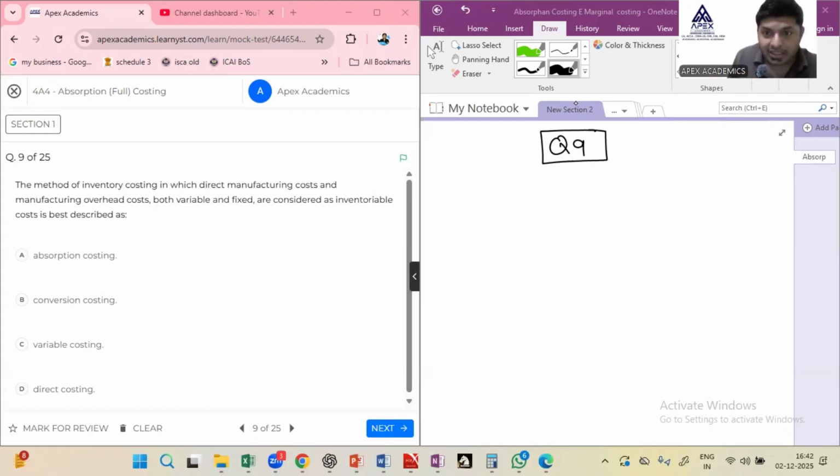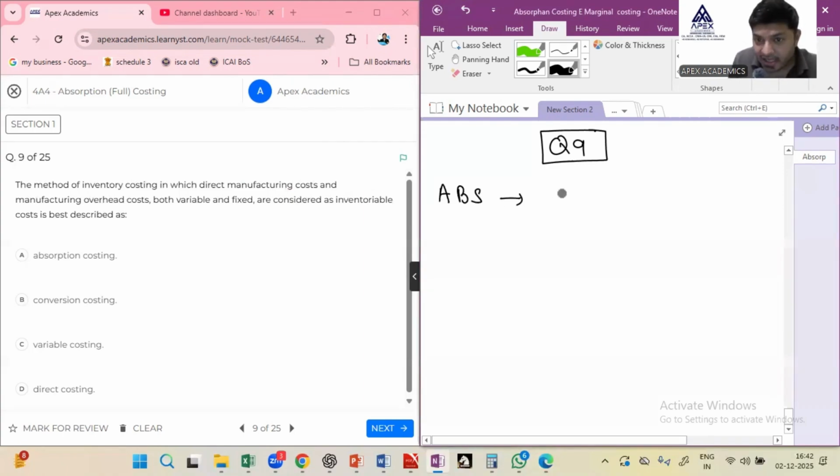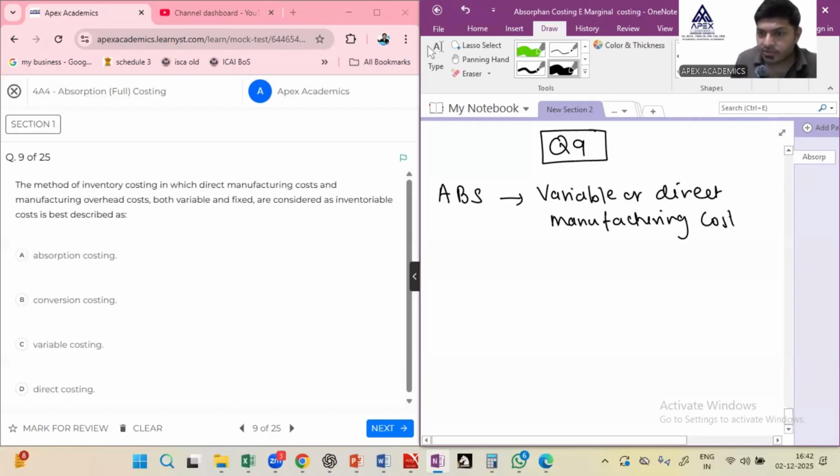So please try to understand, and you already know this answer, that under absorption costing, the variable or the direct manufacturing cost, what is this variable or direct manufacturing cost? It is direct material, direct labor, and direct expenses.